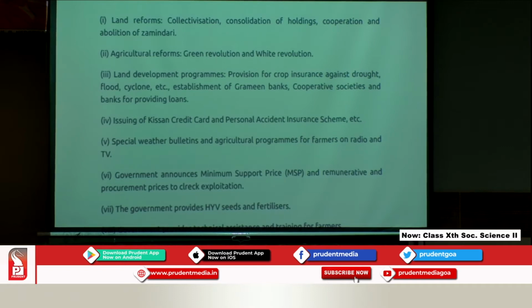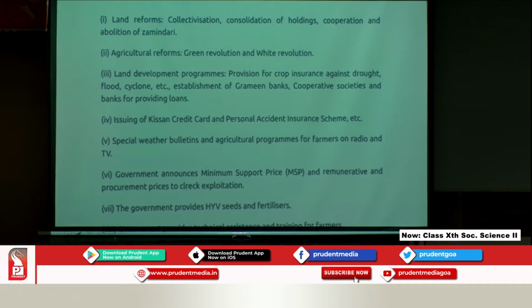We have got different banks specially for providing subsidy and loans to farmers for agriculture only. So they could get loans to put a tube well, to buy a tractor, to buy fertilizers, to put a pipeline into their field. For this, subsidized rates of loans are given to the farmers.